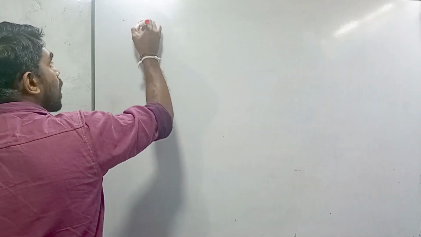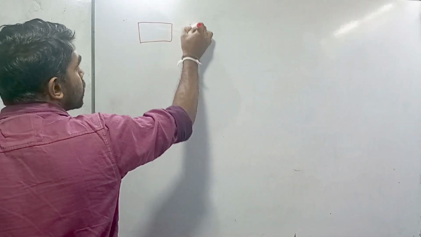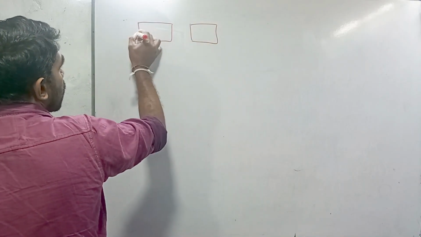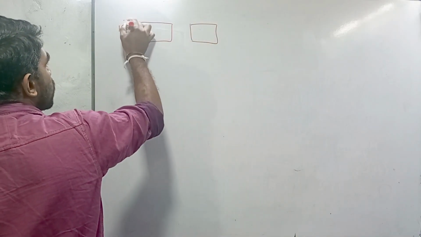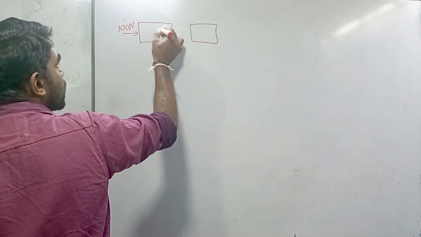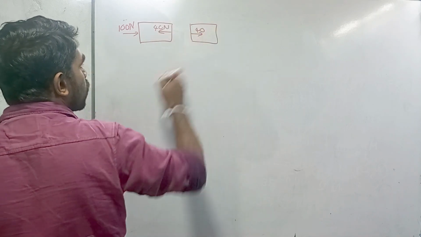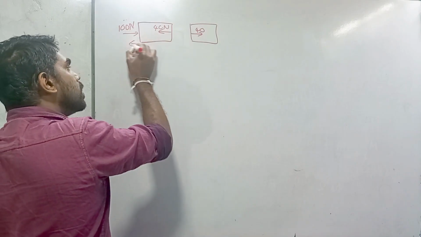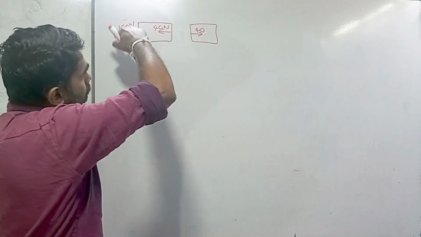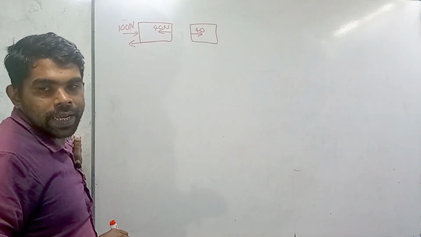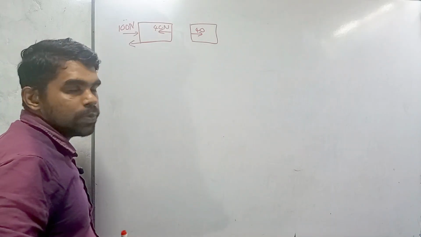First of all, I will mark forces on the two objects. 100 Newton is the applied force. There is a reaction of 40 Newton, and the reaction on this object is also 40 Newton. There is a friction on this one. The frictional coefficient between A and the surface is 0.5.